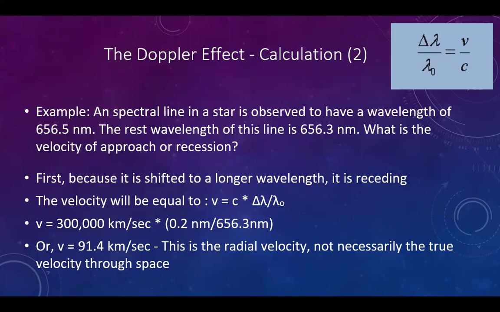So 300,000 kilometers per second times 0.2 nanometers over 656.3 nanometers, or this object is moving away from us at 91.4 kilometers per second. That's the radial velocity. It's not necessarily its true velocity through space, because it might be moving side to side as well, so it might be going even faster than that.